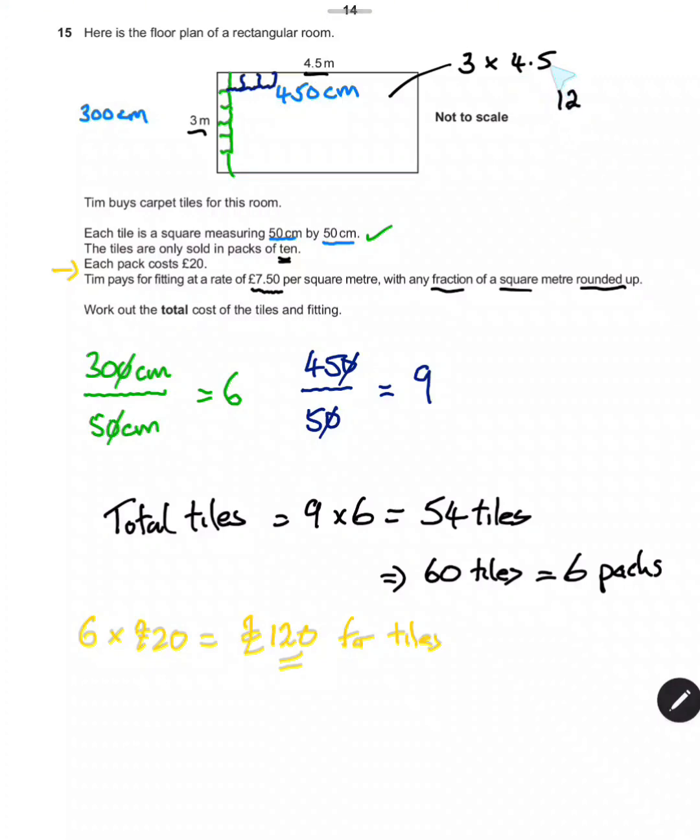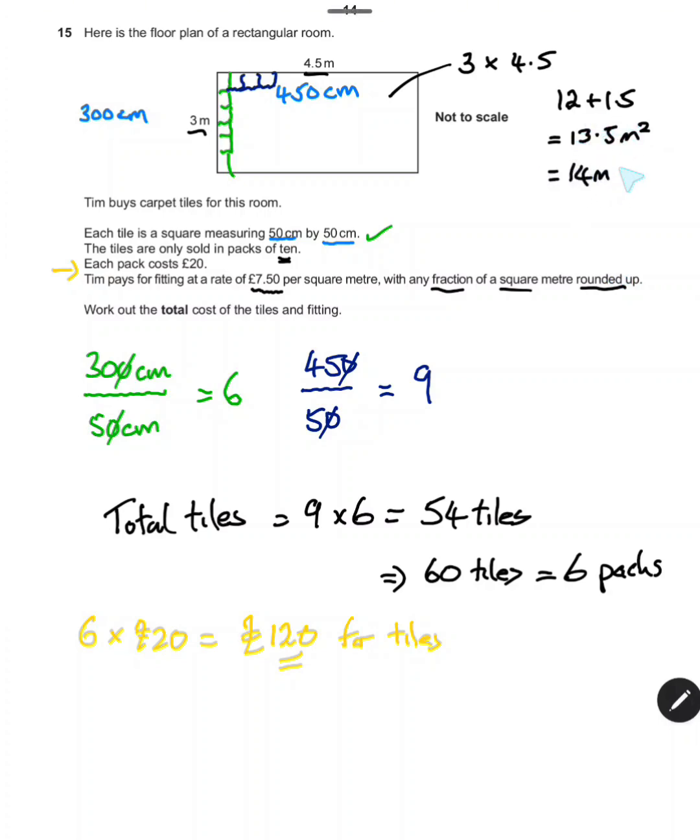And then I'm going to do 0.5, add 0.5, add 0.5. Well, 2 of those would be a whole 1. Add another 1 would be 1.5. And what we get is 13.5 square metres.